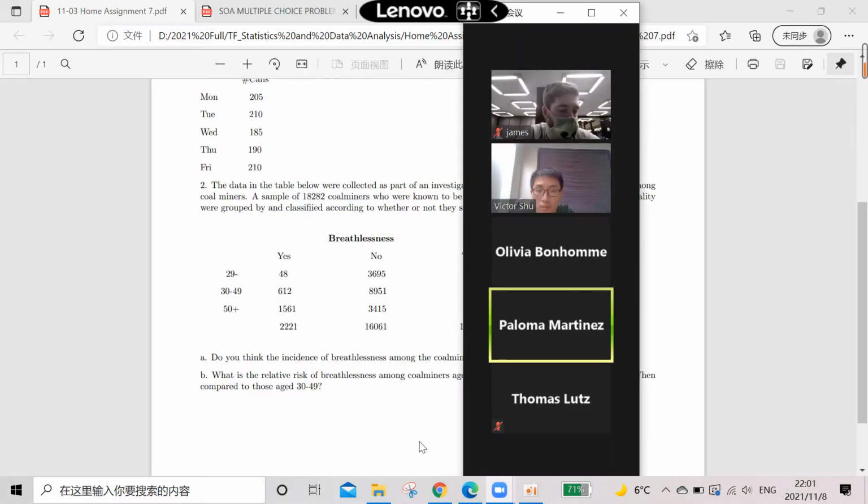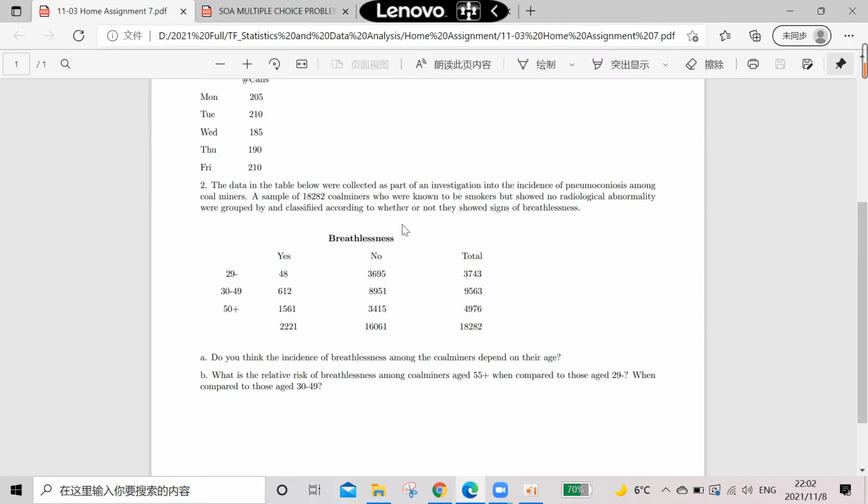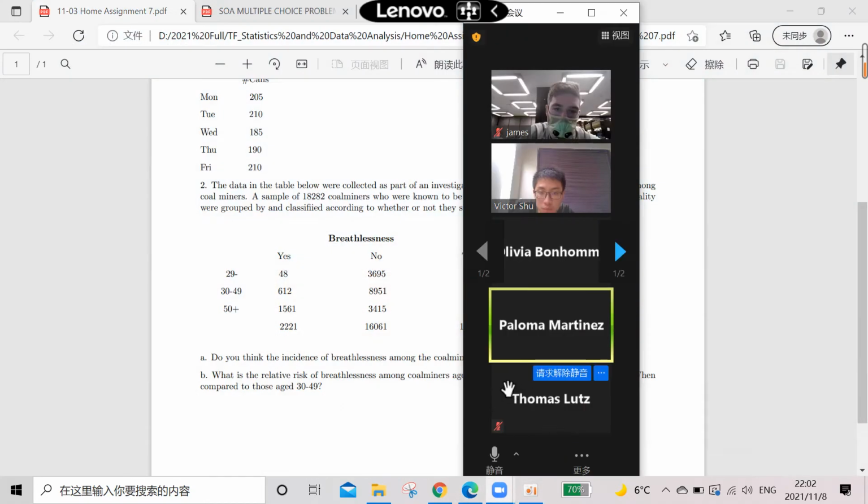Based on the example in the slides, I did exactly what we did there. So ages 29, yes, they do have breathlessness. No, they don't have breathlessness. Divided that. Same thing with all the other age groups. And then once you get that value, do you divide all 3?